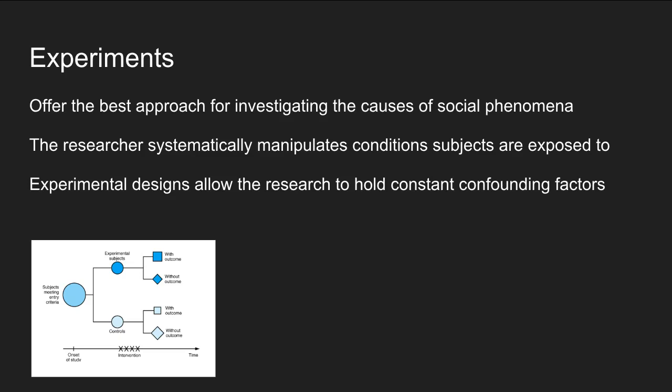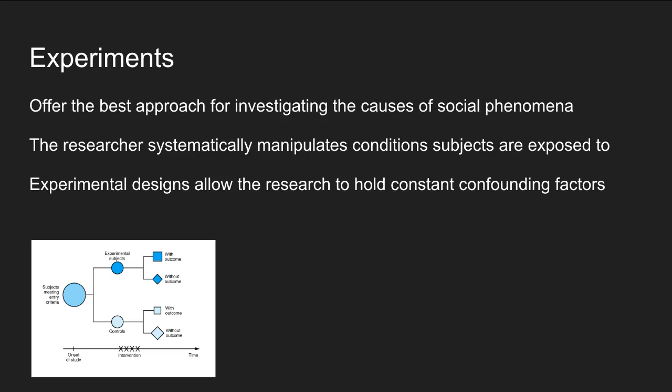A final type of social research method that's commonly used in the social sciences are experiments. And experiments are really best suited when you want to examine the causes of social phenomena.